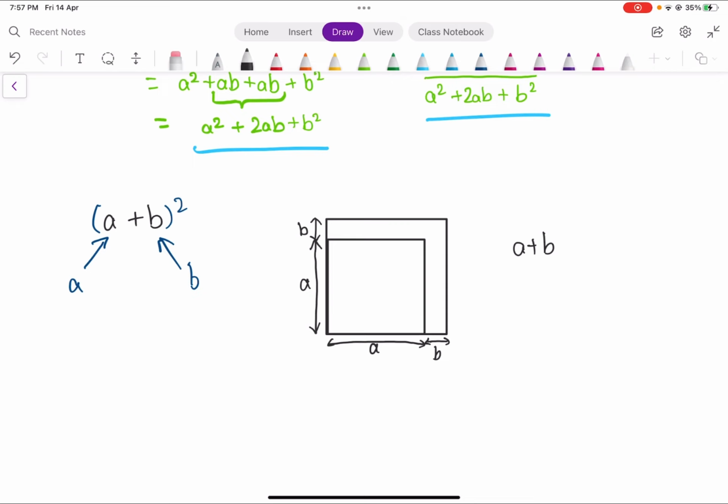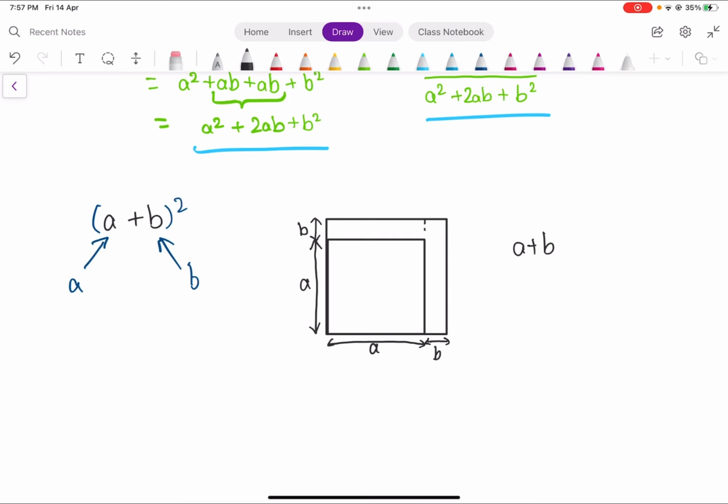Now, if we wanted to find the area of this, what would we do? Well, we'd probably multiply a plus b by a plus b, and you can do that using the methods that we talked about. But over here, we're talking about a visual representation. So let's break this square into a few pieces.